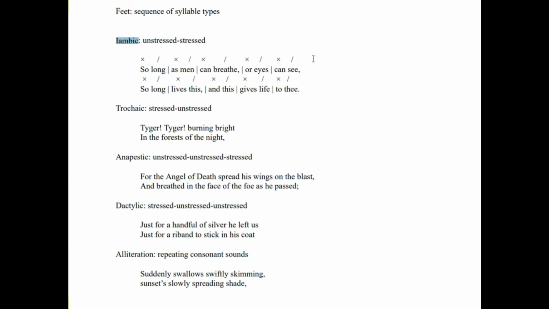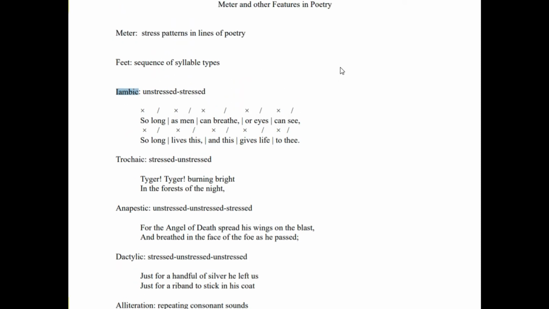Iambic meter is probably the most common in English poetry, and it most closely resembles a natural sounding syllable pattern or stress pattern. In notation here, the slashes represent a stressed syllable and X's represent an unstressed syllable.